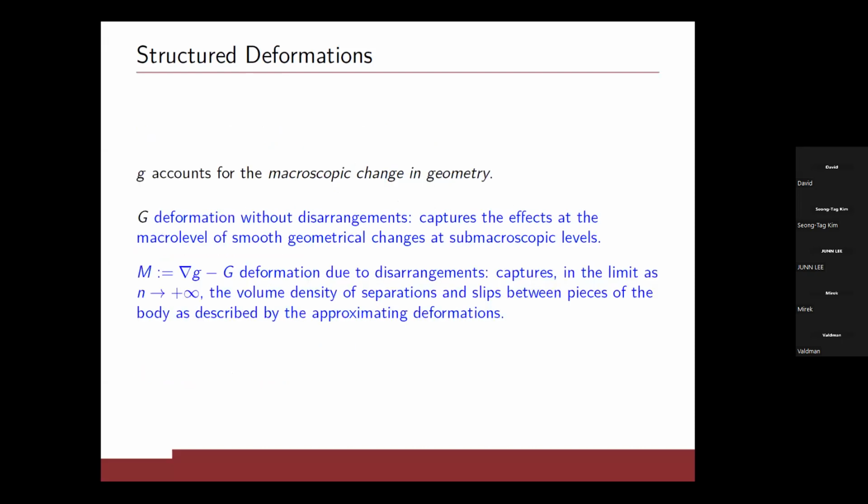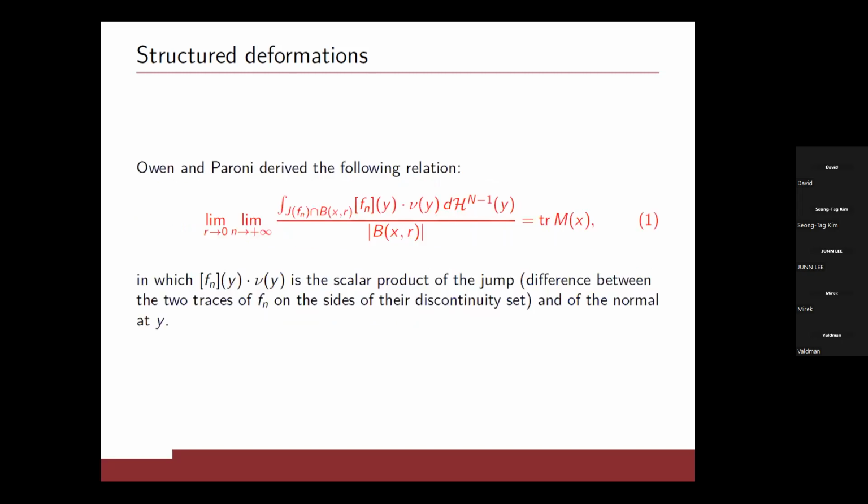So you can indeed, as in the example shown before, realize that nabla g, the absolutely continuous part of your deformation g, is different from capital G. And this difference is usually denoted in the literature by M, and this M has been described by Owen and Paroni in the following way.